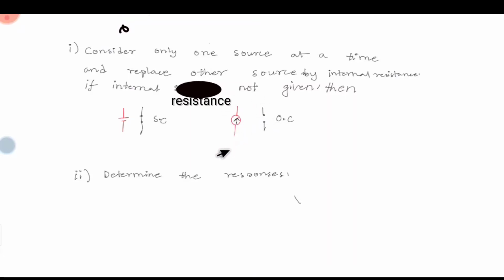Okay, so at that particular moment there will be only one source. Okay, and for this one source we will determine the responses. After determining the responses we will consider another source.